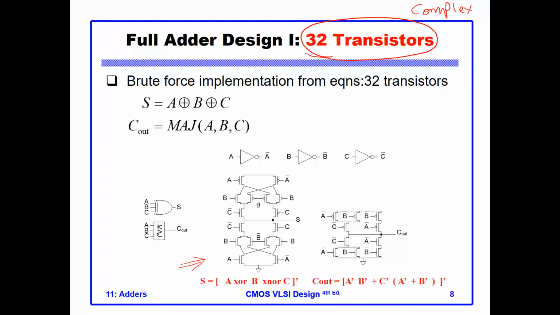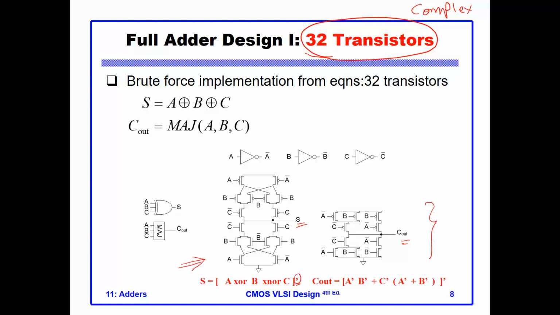We have a large gate to implement Cout and a large gate to implement the sum. Notice that we are implementing the sum as an XOR with an XNOR inversion. So by having the output generated already inverted, we don't need the inverter here.